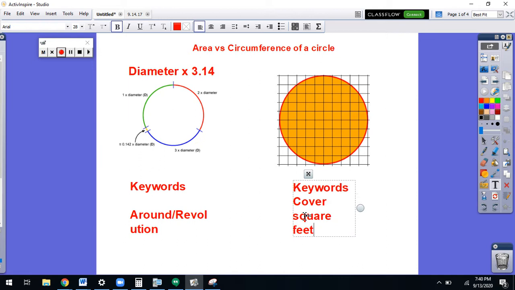Anytime you hear square feet or square centimeters, that is area, because that's how many squares are actually covering the surface. For circumference, you're just going to see regular feet or inches, no square, because it's measured in a straight line. That's the difference between area and circumference of a circle. Now let's get into how to find the area of the circle.